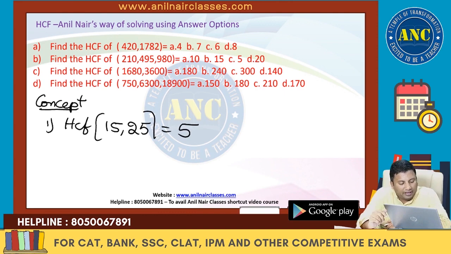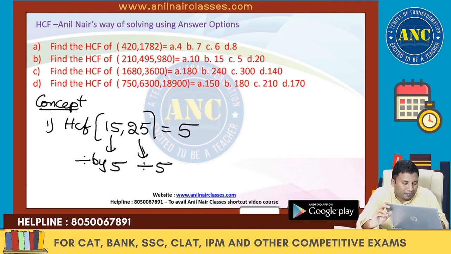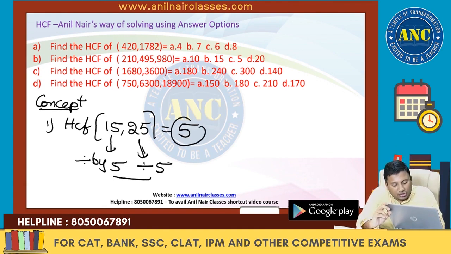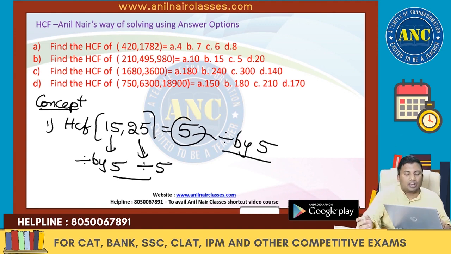HCF of 15, 25 is 5. If this is divisible by 5, and this is divisible by 5, the answer should also be divisible by 5.